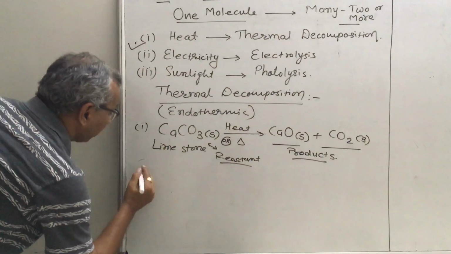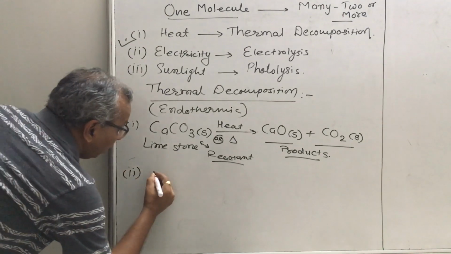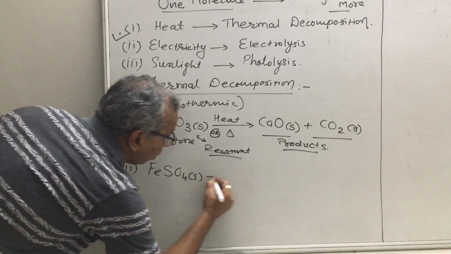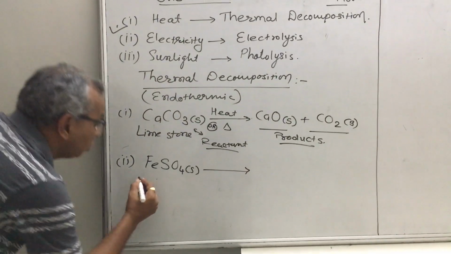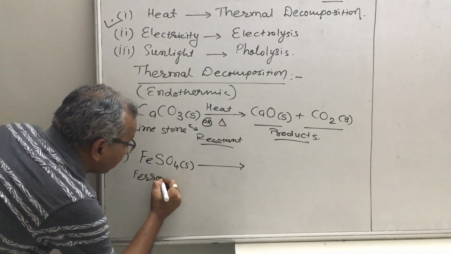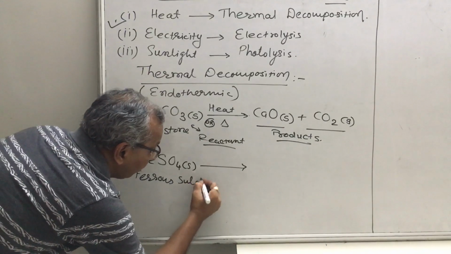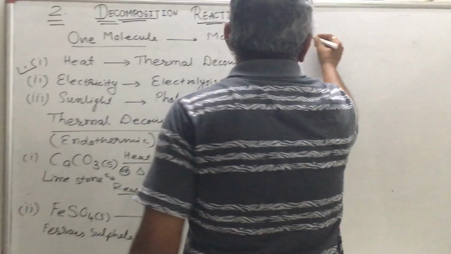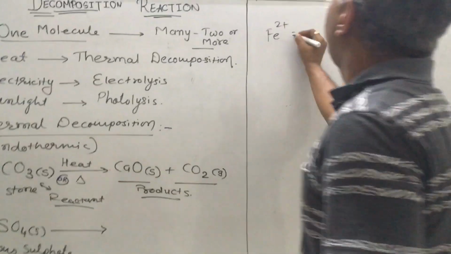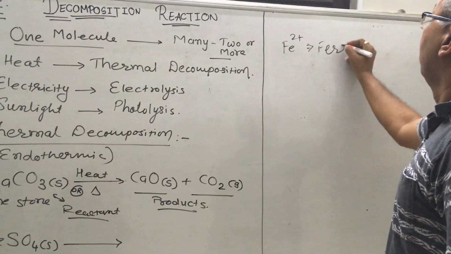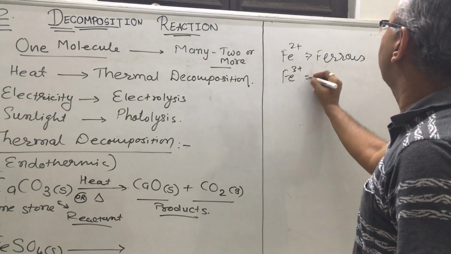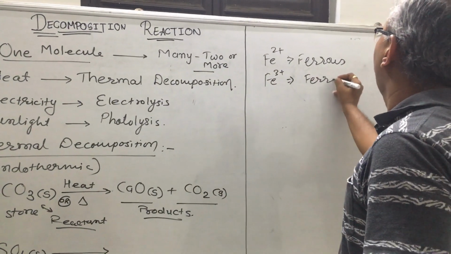It's fine. Okay. Second, friends, let's take an example, FeSO4. It is also in solid form at room temperature. It is known as ferrous sulfate. If you remember friends, you have already learned in ninth standard: if Fe is 2 plus, it is called ferrous, and if Fe has 3 plus valency, it is called ferric.